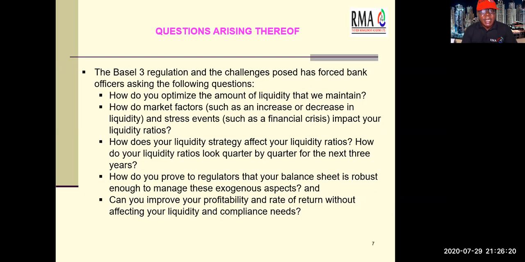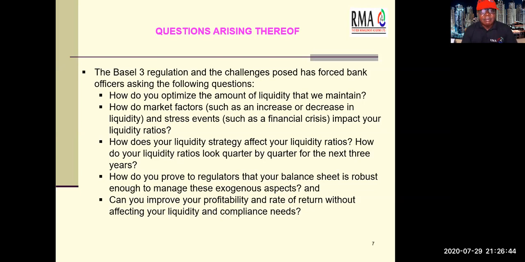The second key issue is, how do market factors and stress events impact their liquidity ratios? Third, how does their liquidity strategy affect the liquidity ratios, and how can their liquidity ratios look quarter by quarter for the next 3 years, for instance?